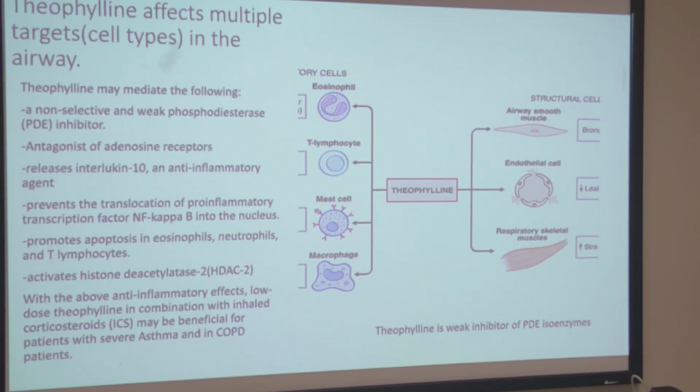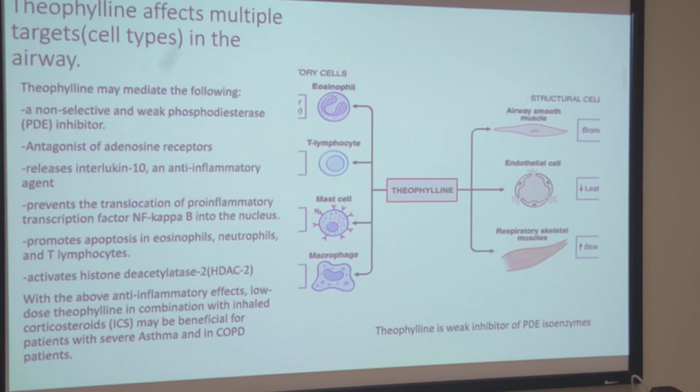Theophylline also prevents the translocation of the pro-inflammatory transcription factor NF-kappa B into the nucleus. You may have heard about NF-kappa B in other classes. NF-kappa B is in the cytosol. When it is bound to its agonist, the complex moves into the nucleus.